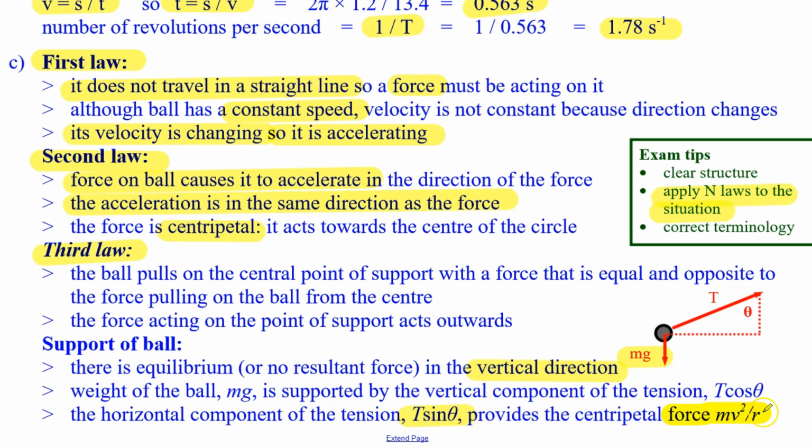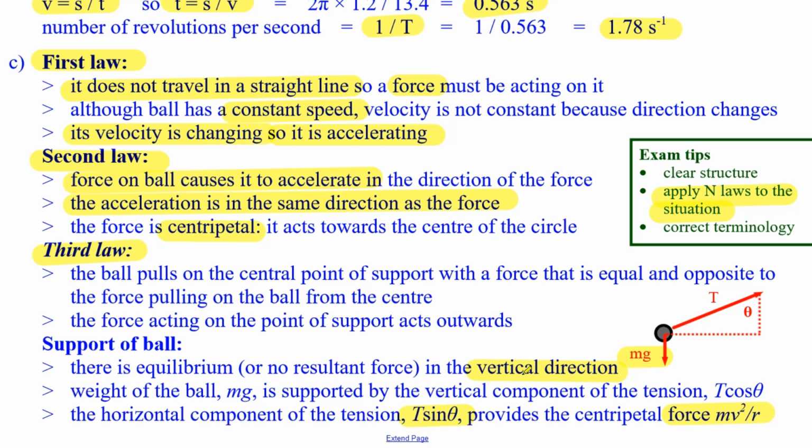So again, we've explained why there must be an angle less than 90, so that the circle is not horizontal from this reference point, in order that we have balanced forces vertically and a resultant force towards the center.